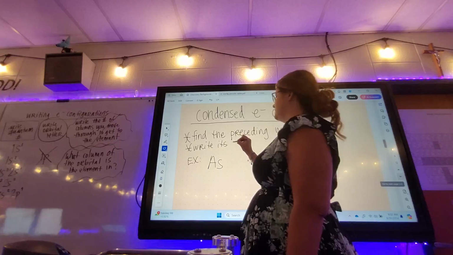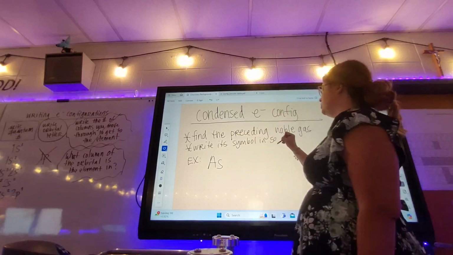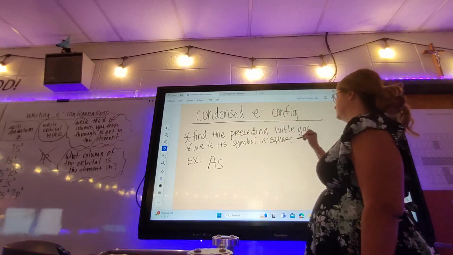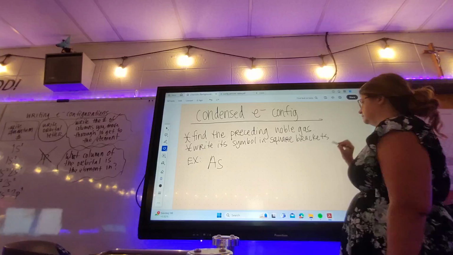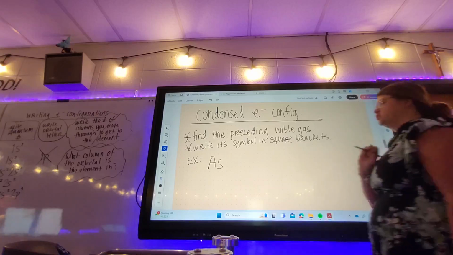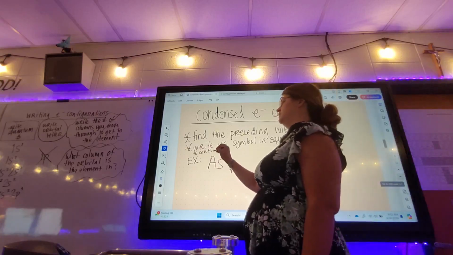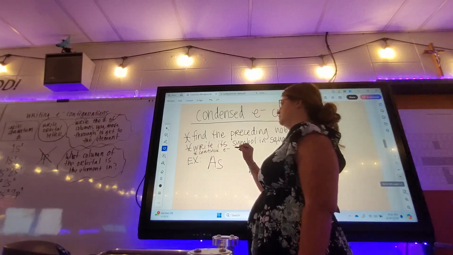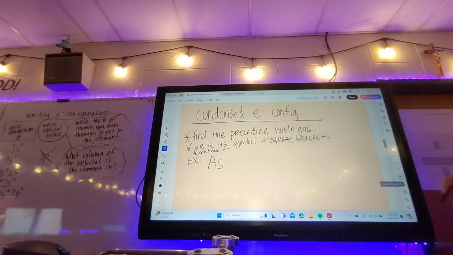Write its symbol in square brackets. And then I guess your third step would be to continue your electron configuration from where you left off. I'll explain that in a second.